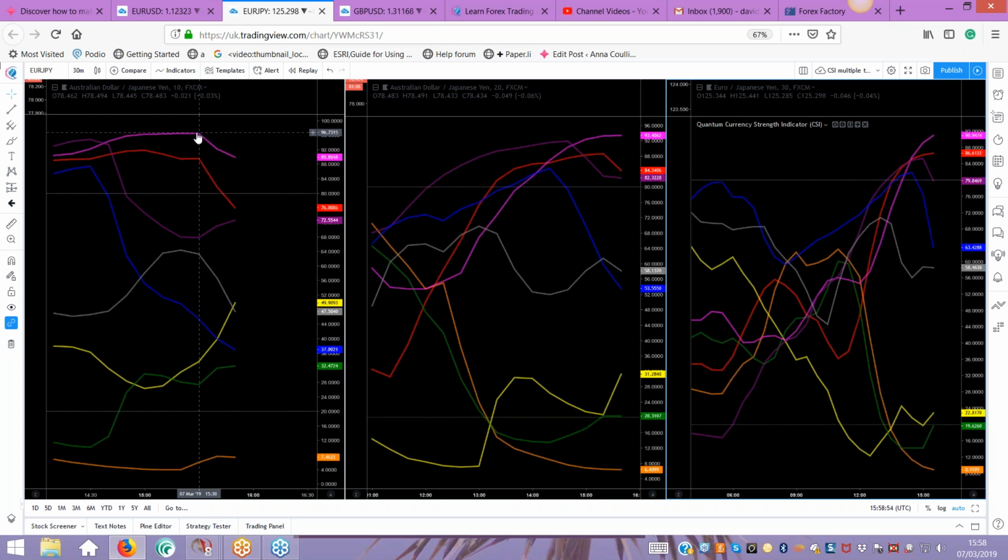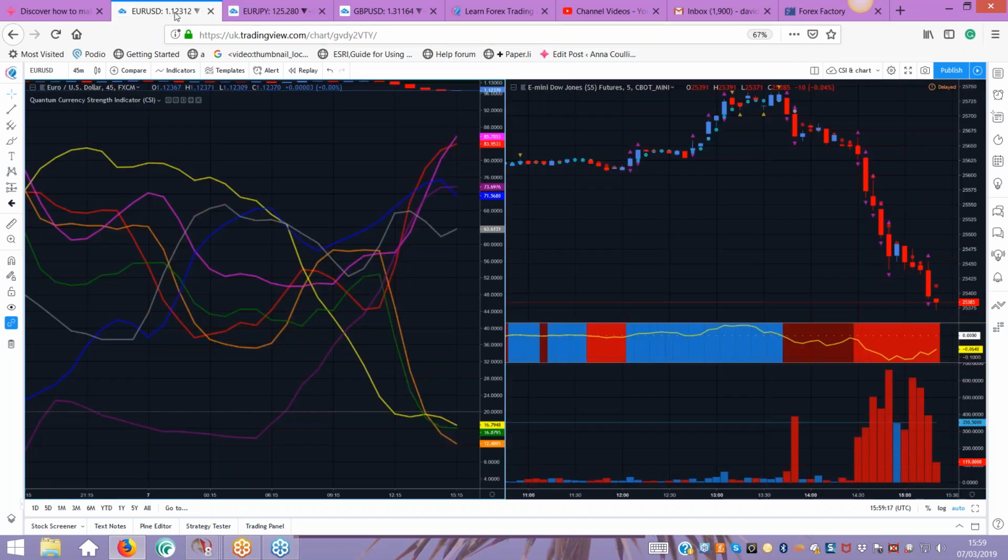There's been a huge amount of yen buying since the open, and that's why the indices have been selling off quite strongly. The question now is whether we're going to see the yen roll over and start selling, because if we do, that is going to really signal the shift in sentiment from risk off back to risk on. And if we see that reflected in the yen, then we're more than likely going to see that reflected in the indices as well.